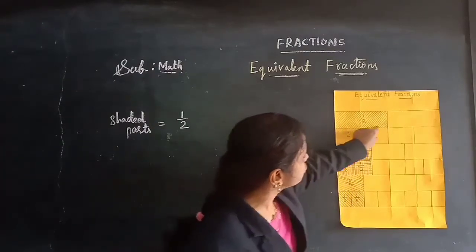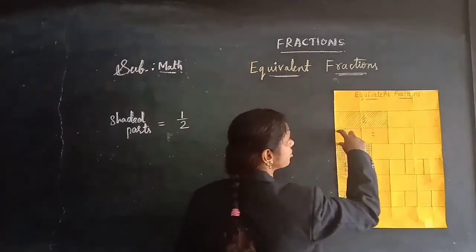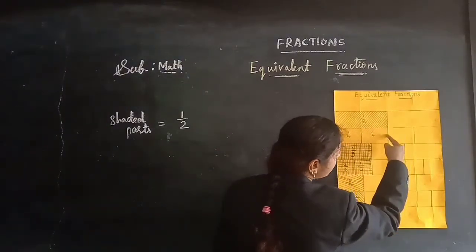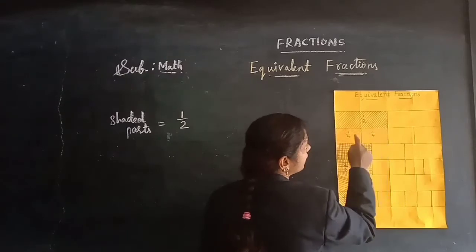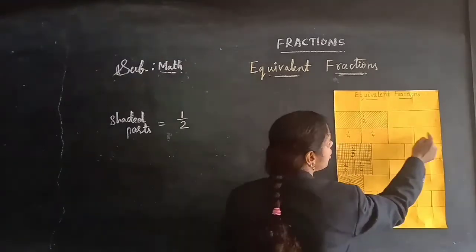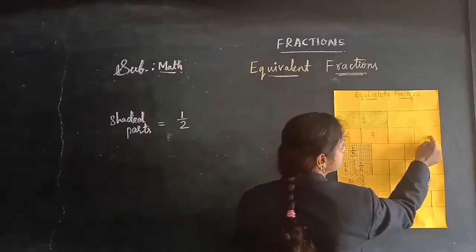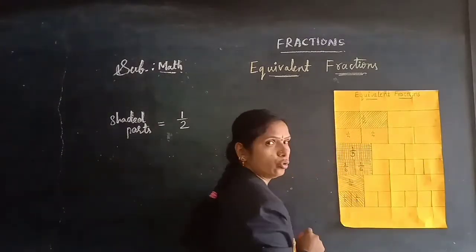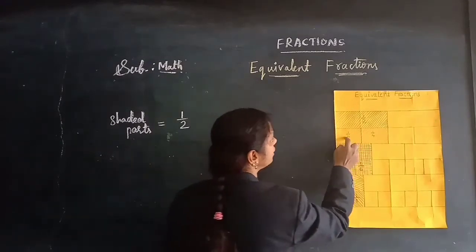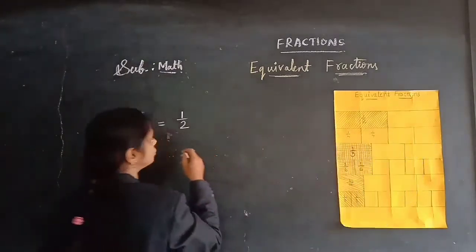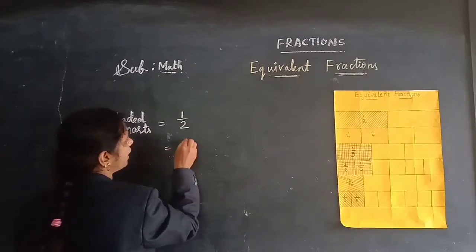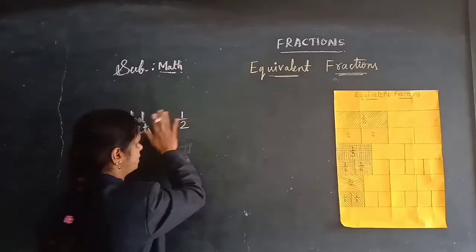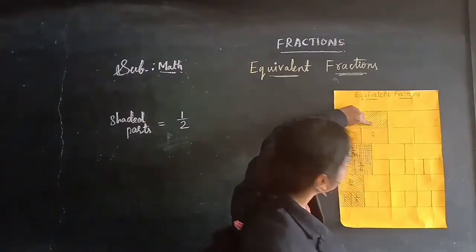Coming to the second row, children, here the same length of row I have taken. Now here also I divide, and the second row I divided into 4 parts. So 4 parts. So here 1/4, and the shaded part fraction is 1/2.